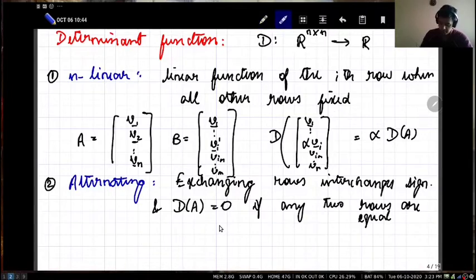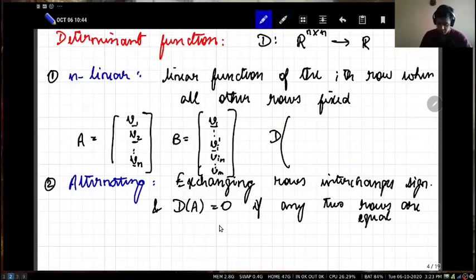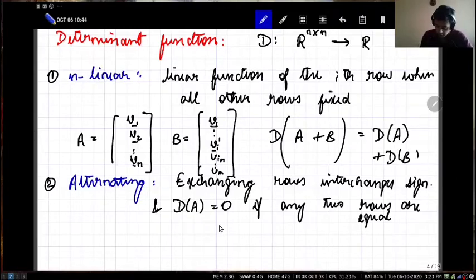Also, you take two matrices A and B as I did earlier. So any two matrices A and B which differ only in the ith row, then D of A plus B is D of A plus D of B, right?